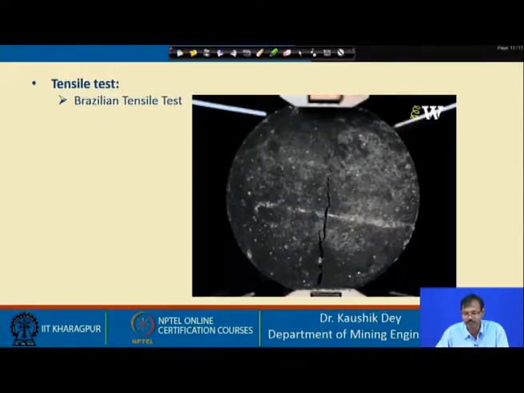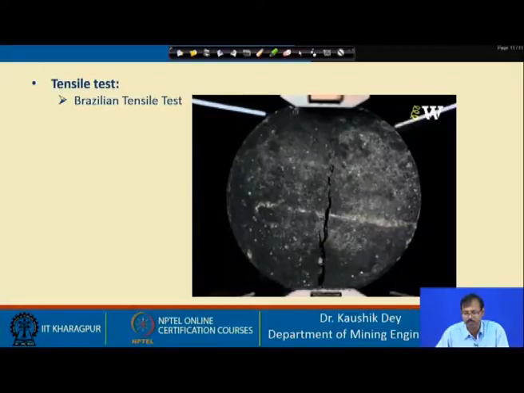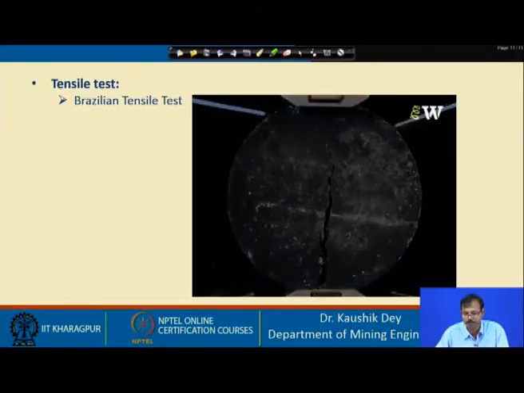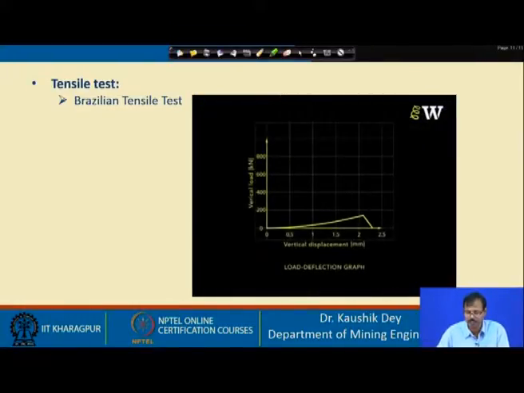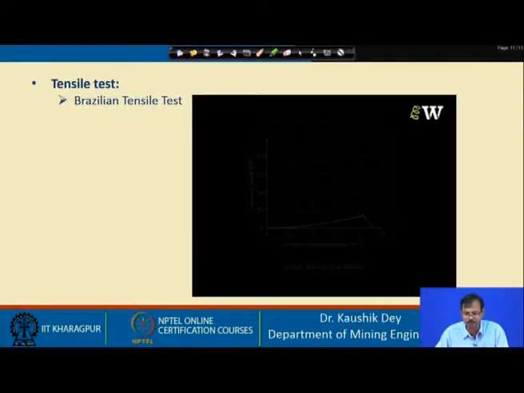The cracks are being widened gradually and finally the specimen fails. This is the vertical load versus vertical displacement graph.